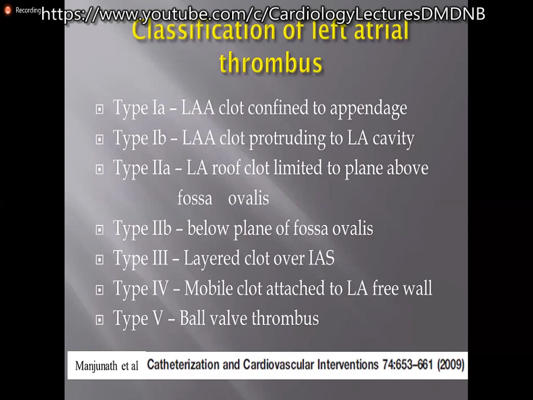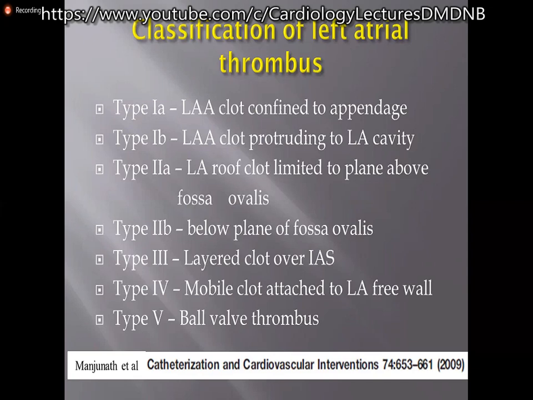Only thing, take home message is presence of left atrial thrombus is not just a contraindication for doing a balloon mitral valvotomy, provided the morphology of the mitral valve is suitable. We need to define where is the location of the thrombus.